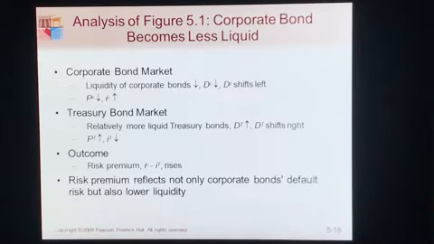So the risk premium, by comparing the treasury bond and the corporate bond, will be equal to the difference between the corporate bond and the treasury bond, and it will increase.